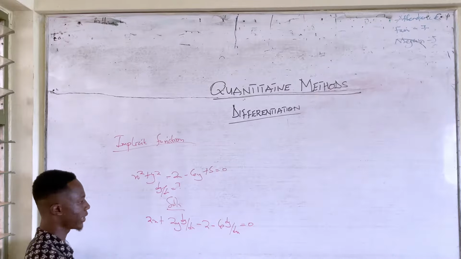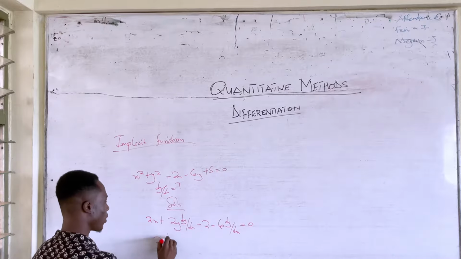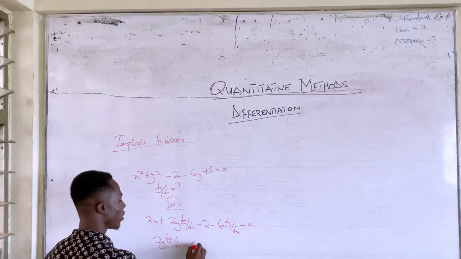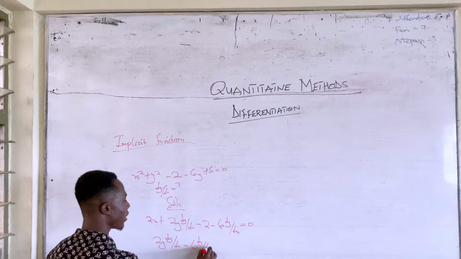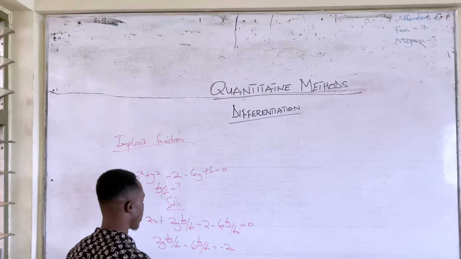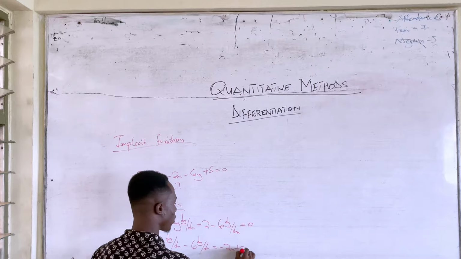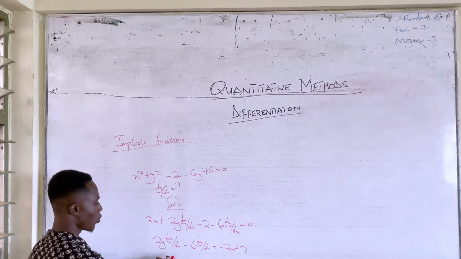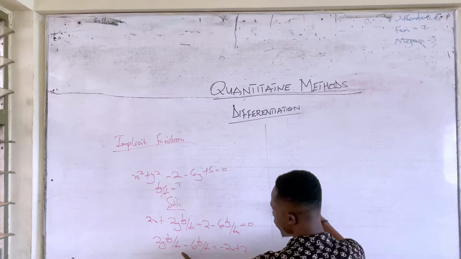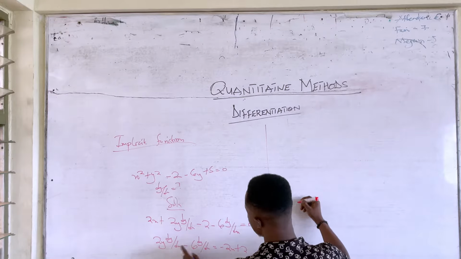So you have to group like terms. You have 2y dy/dx minus 6 dy/dx equal to negative 2x, and this one will cross the equal sign, plus 2. When you come here, you are factorizing dy/dx out.